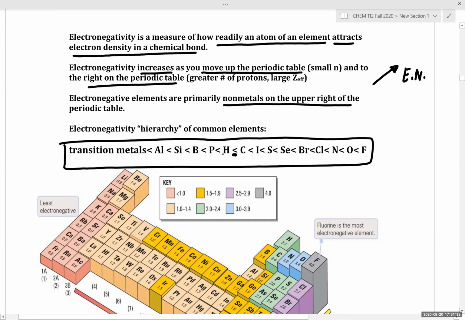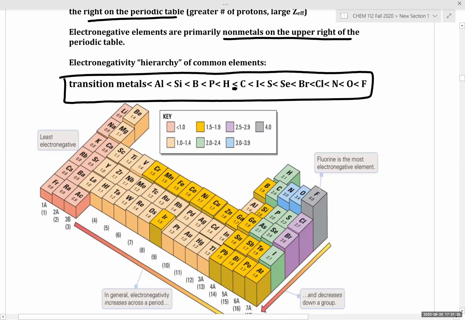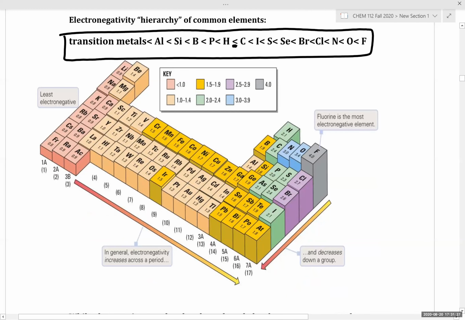You may see this in what are known as Wittig reagents, mostly covered in organic 2. Okay, so here's a table of electronegativity. You don't need to memorize the exact values. You just need to be familiar with the relative electronegativity of elements to help understand the nature and polarization of your chemical bonds.